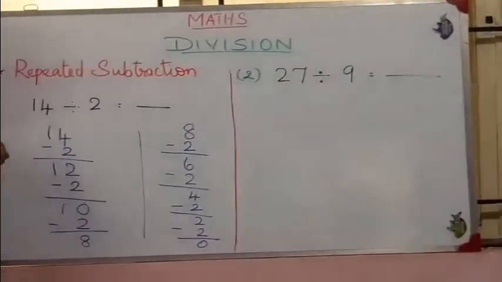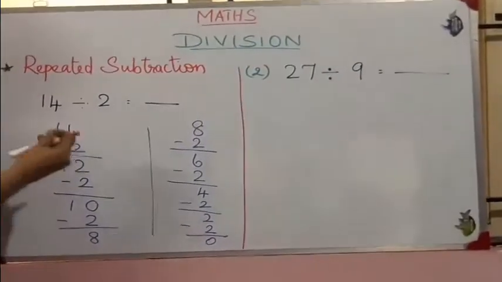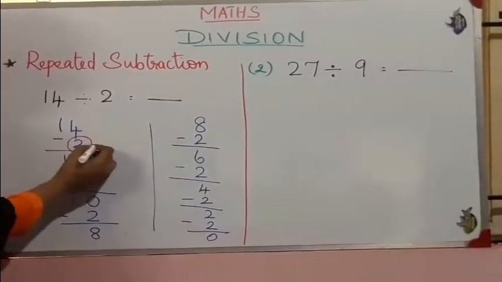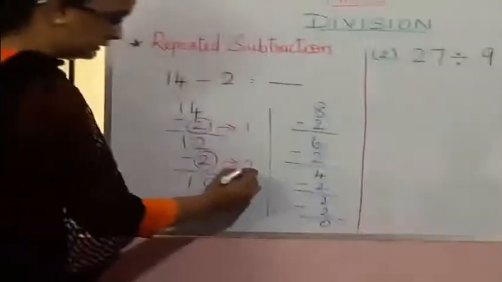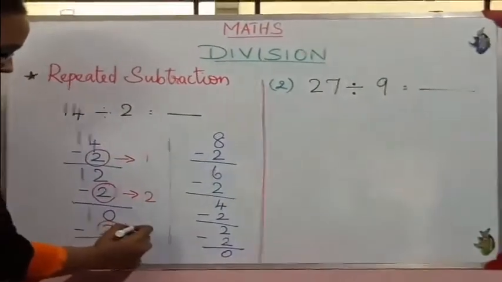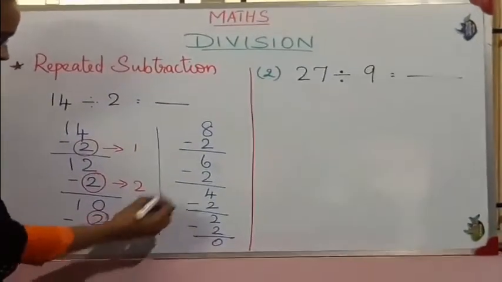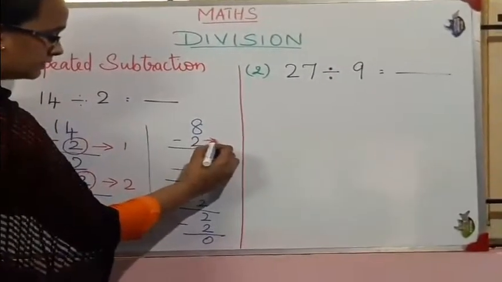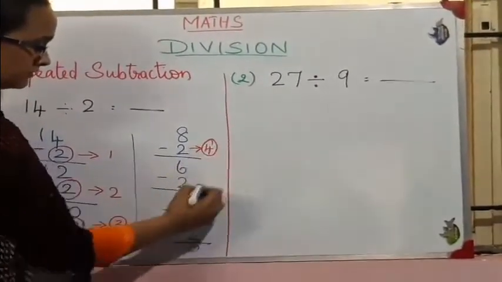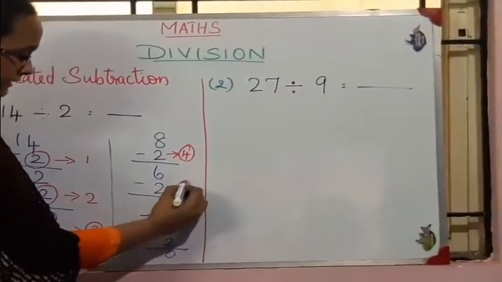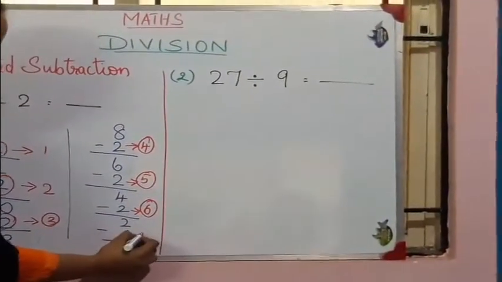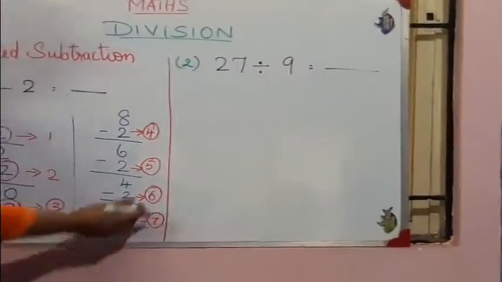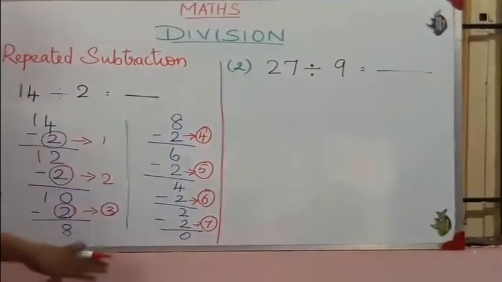So now see how many times I have subtracted 2. 1 time, 2 times, 3, 4, 5, 6, 7. Okay, so this is repeated subtraction.